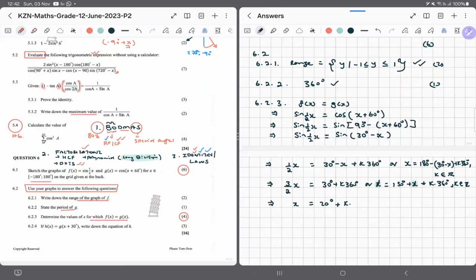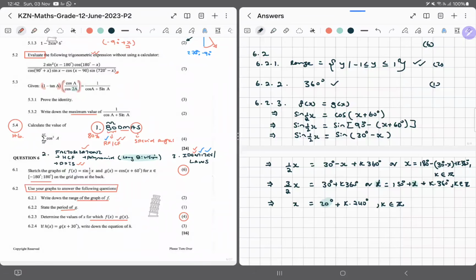Then we've got 360 divided by 3 over 2, it gives us 240 degrees, where k is an element of integers. So can you see, guys, this is an angle in the first quadrant, so this is the one. It should be the one.